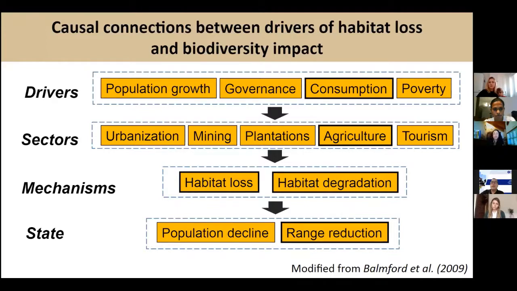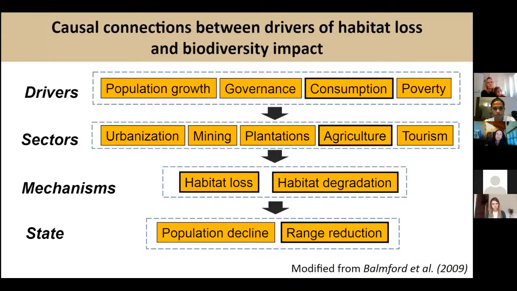And within this research, we argue that traditionally efforts to understand biodiversity loss have focused mainly on the sectors and the mechanisms that affect the state of biodiversity. However, in order to really address the underlying drivers of biodiversity loss, we should be able to assess the full pathway through which drivers of biodiversity loss operate.